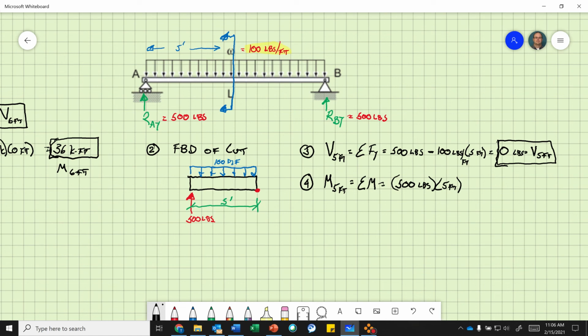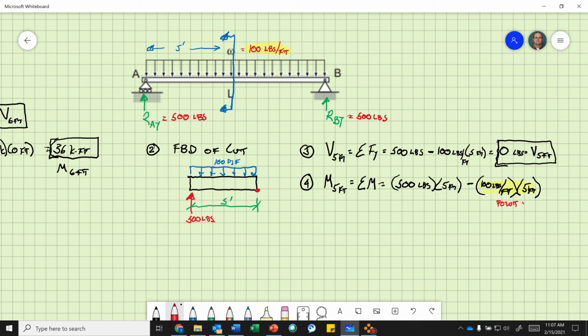I got to do it the same as I would before I cut my beam, except this is why this is important, because your shear will be inaccurate. Now this is pointing down, so minus 100 pounds per foot, that's my line load, times 5 feet. That turns it into a point load.